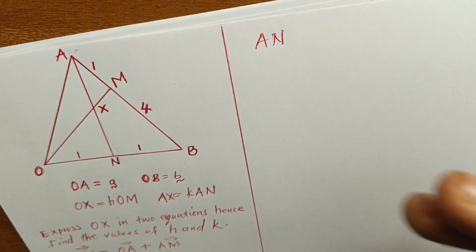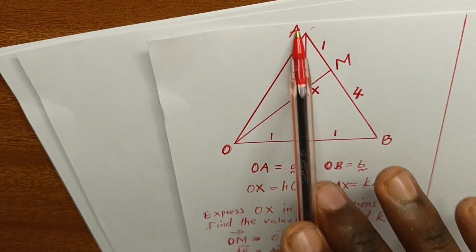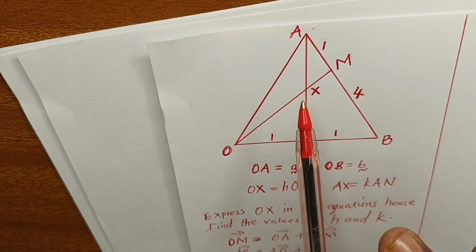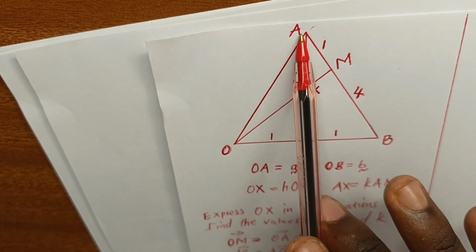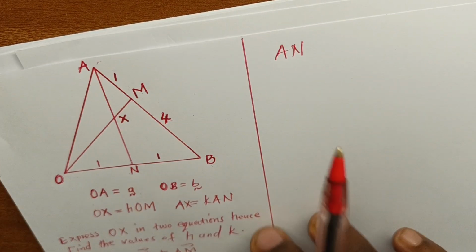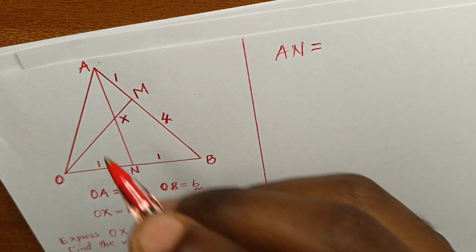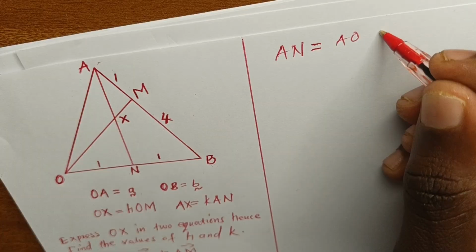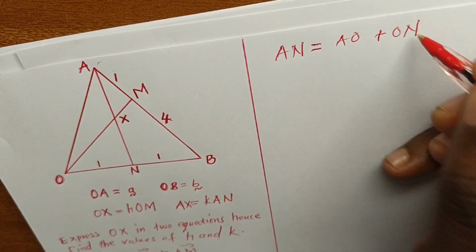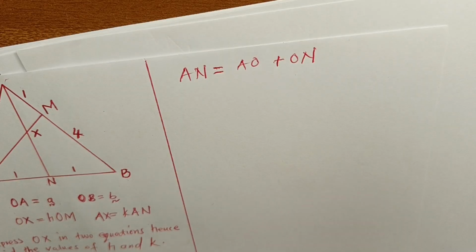AN in the diagram is AO and ON. So AN will be equal to AO plus ON.